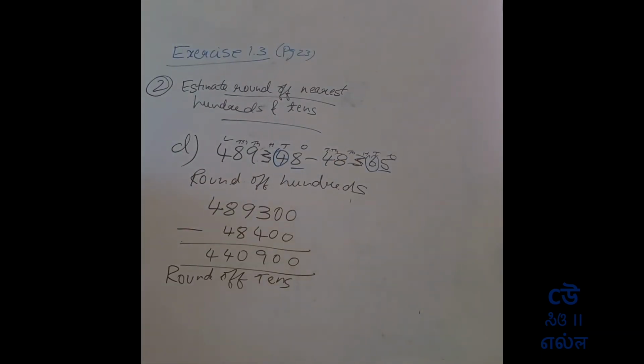So left side to circle number you can write as it is. So 8 we have. 8 is greater than 5, so circle number will be increased by 1. So 4 increased by 1 is 5. Okay. Next, left side to circle number you can write as it is.